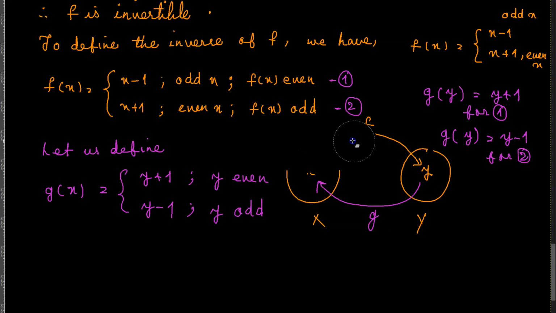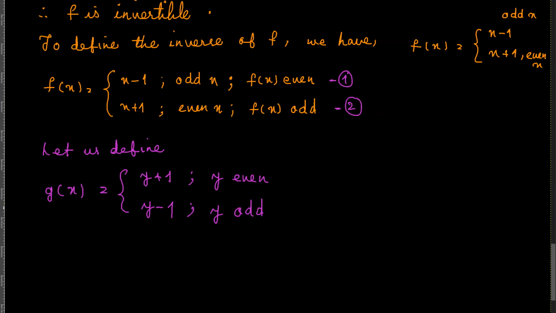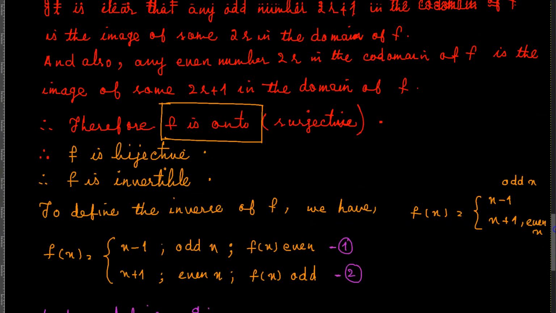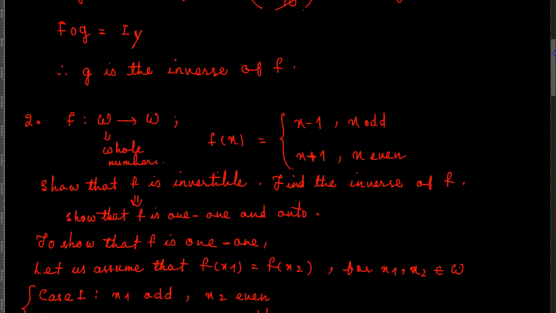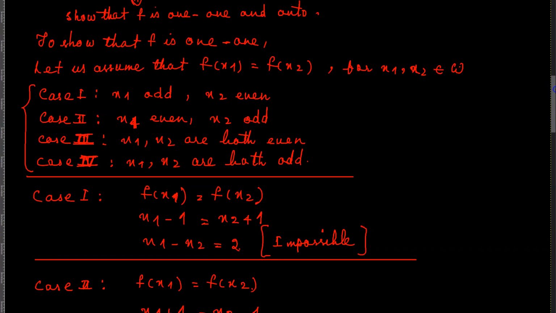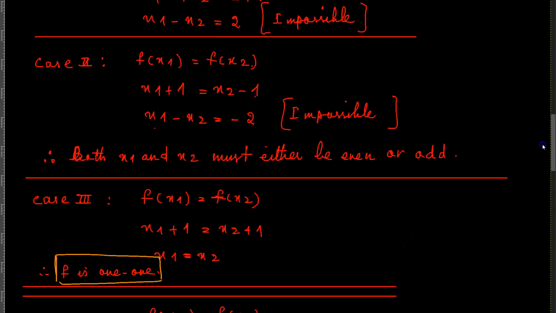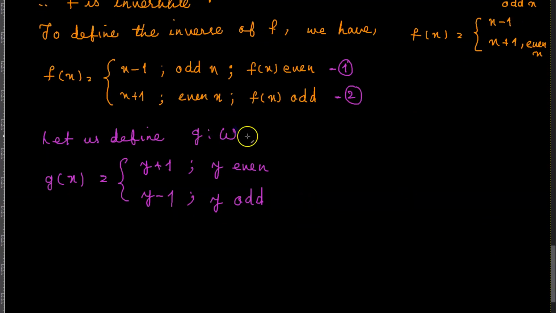So what that means is that, long story short, you have this function here defined this way, and g can be a function from the same set to the same set, or actually the other way around. You have to go the other way around, of course, from W to W. So this is a function from W to W defined this way.